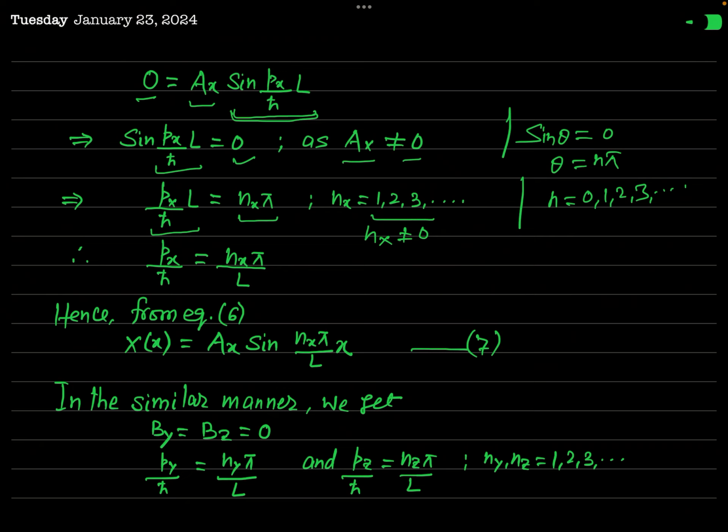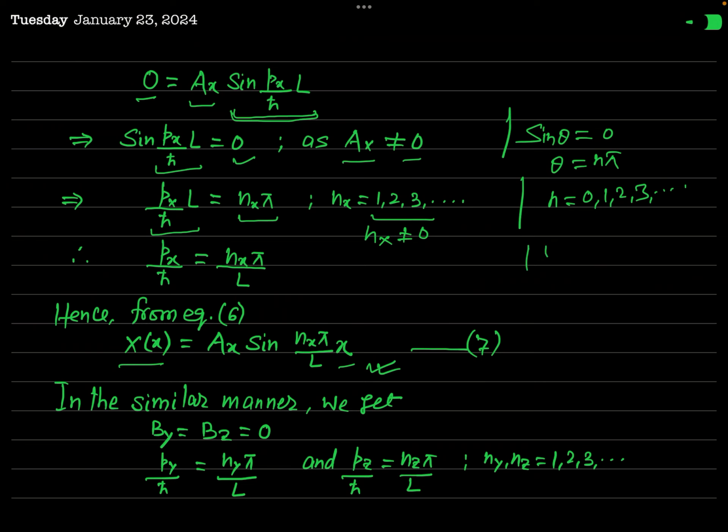This thing I have also explained in the case of the particle in a one-dimensional box. Why have I taken nx not equal to 0? Only the integral values 1, 2, 3, 4, and so on are accepted here. Because if we take nx equal to 0, in this equation capital X will be 0 for any value of x, and again the same problem will arise.